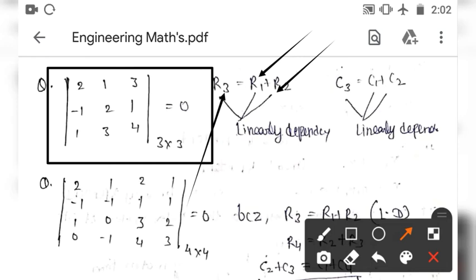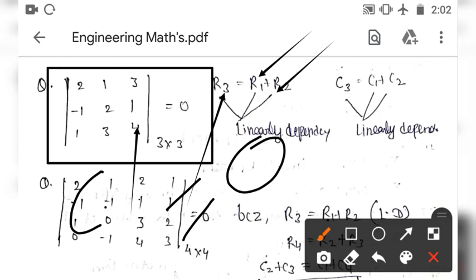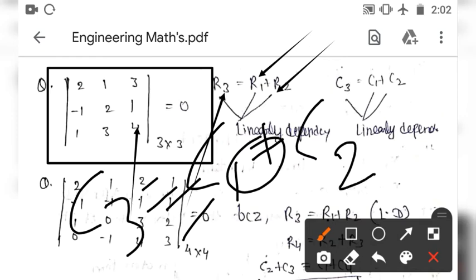Then you can tell that the determinant of the given matrix will be 0. Similarly, if you look at column 3, we can also write it as the summation of column 1 plus column 2, which means dependency also.